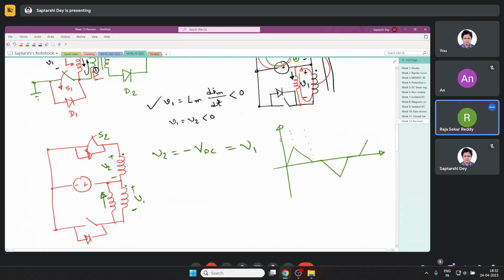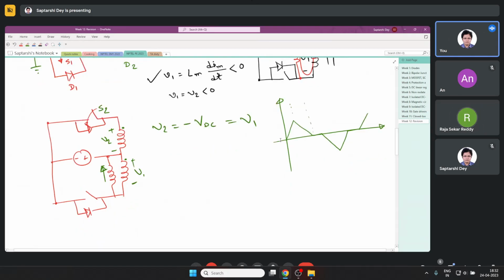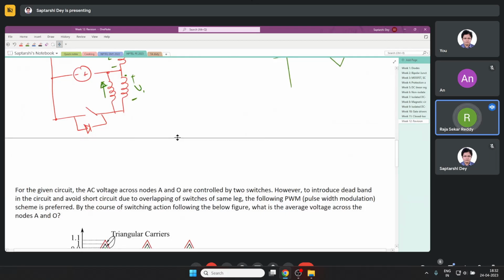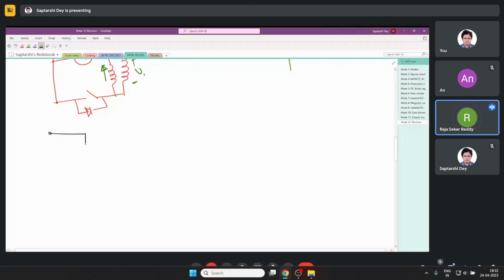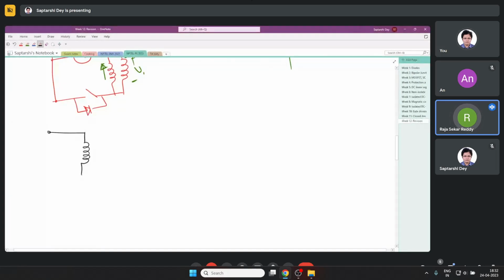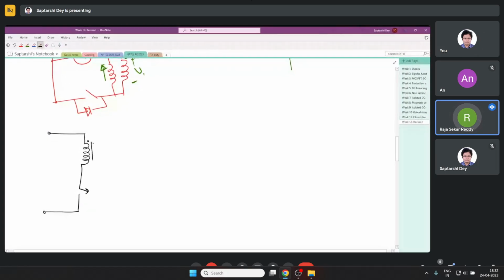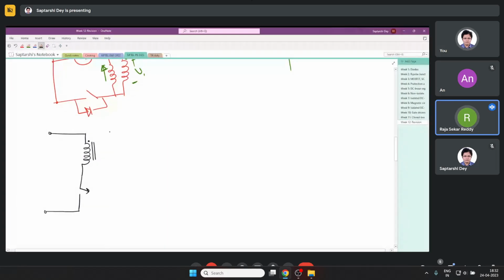Suppose we have a winding in series with the switch. Suppose you take a forward converter, in that if we switch off the Q on the primary side, usually we consider the leakage inductance to be 0, and we say that the voltage across the inductor reverses when we switch off this switch.